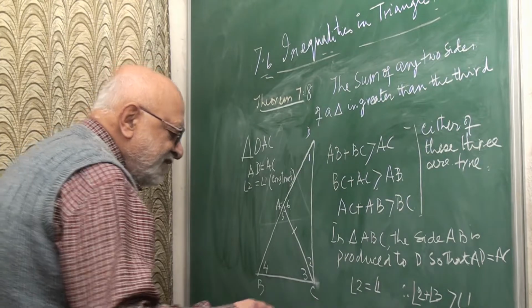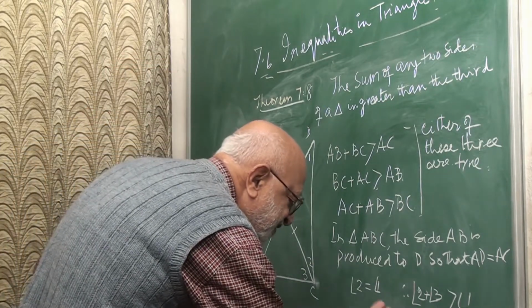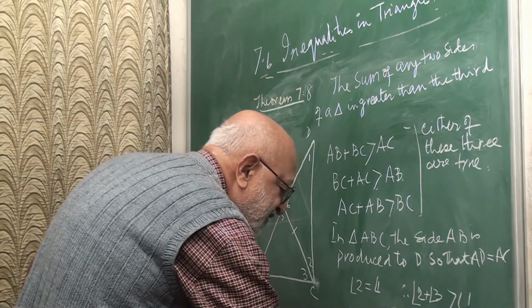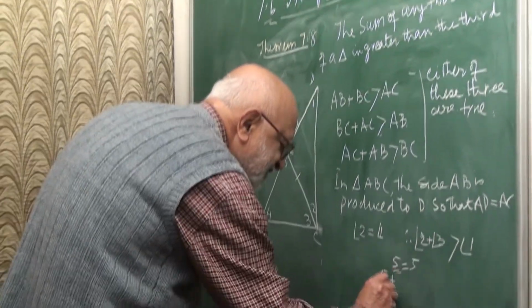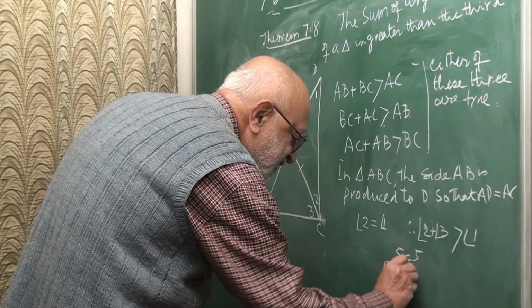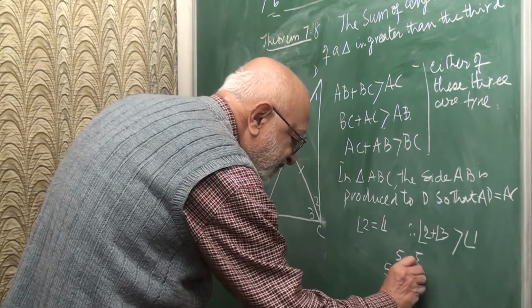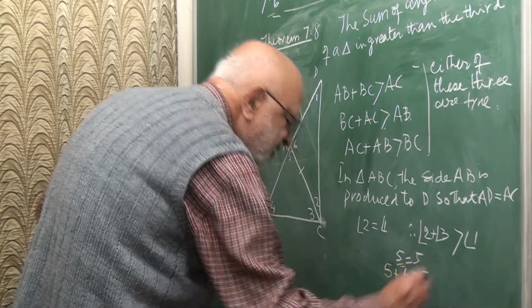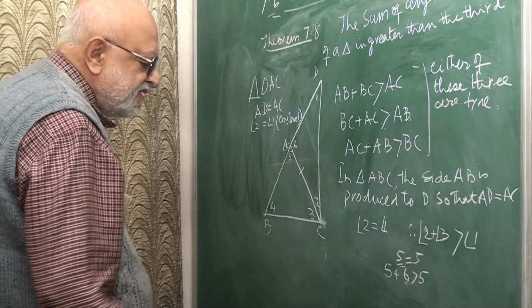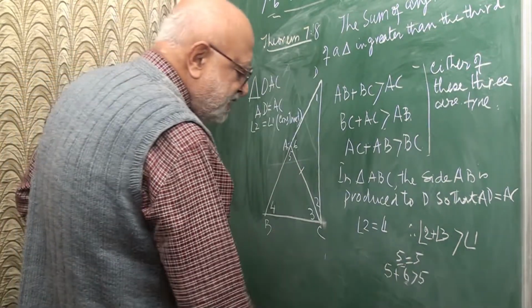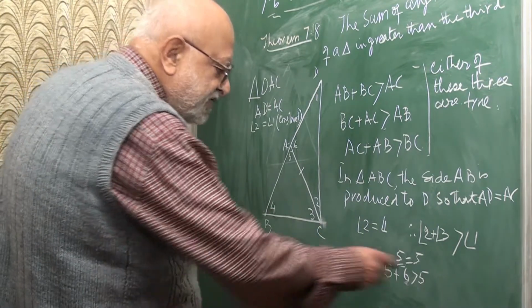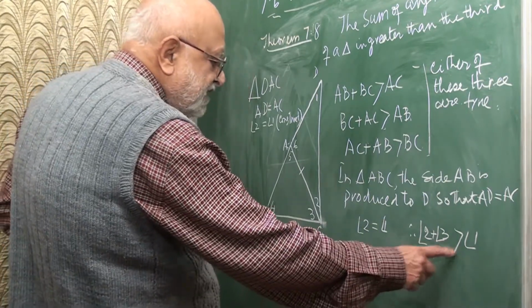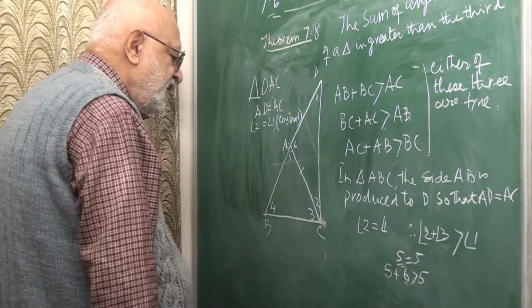So if 5 is equal to 5, then if I add only on one side, 5 plus, let us say, 6, it must be greater than 5. This is logic, or Archimedes' axiom. So if you add something on this side, this will be greater than the 5.